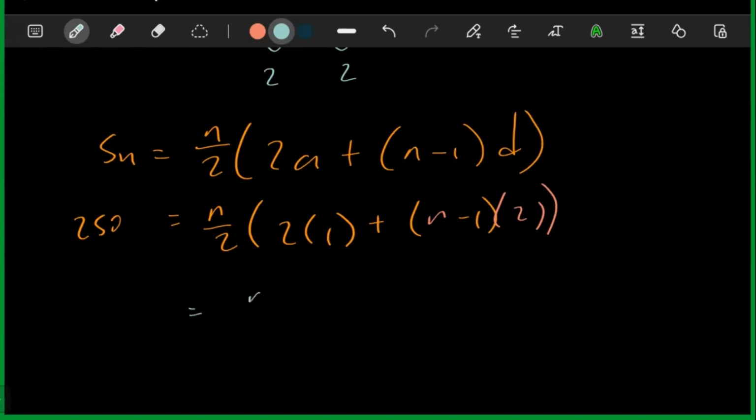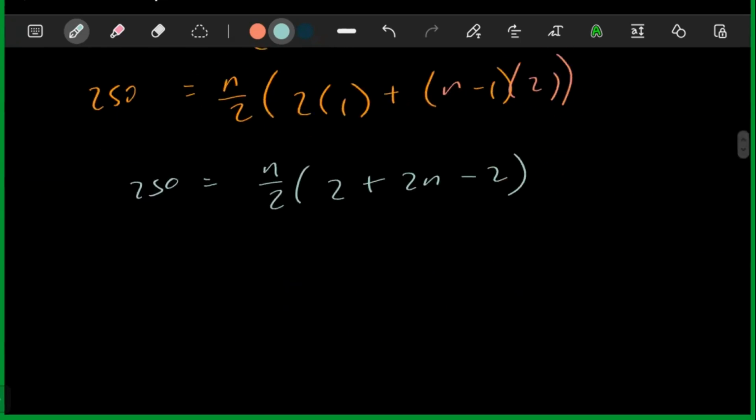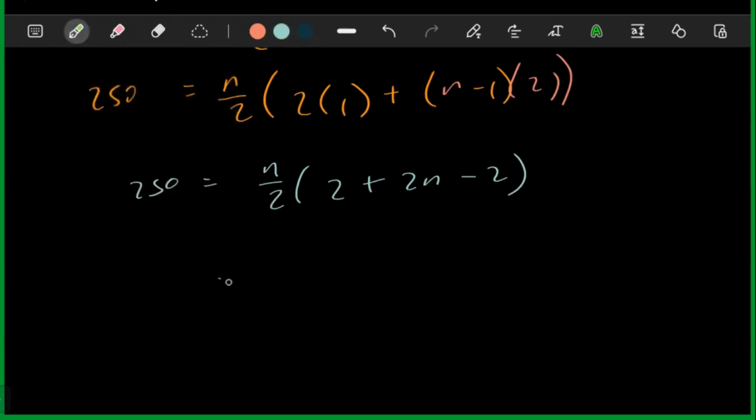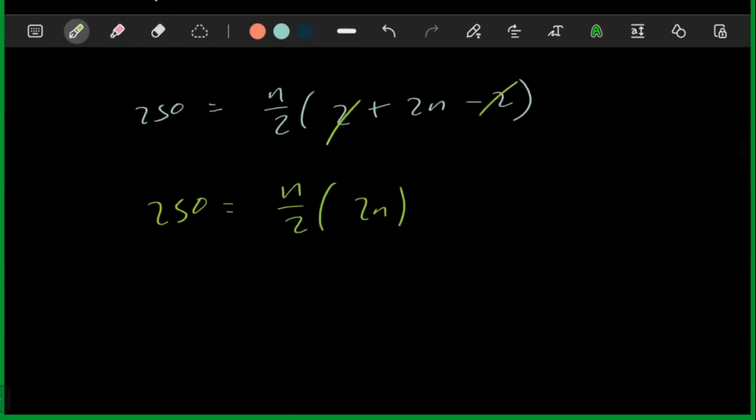So here, n over 2, you have 2 here, negative. If you multiply the n inside here, 2n minus 2, this is 250. And then obviously, if you look at it nicely, you're going to have here 2 minus 2, that's just a 0. And then you have n over 2 times 2n.